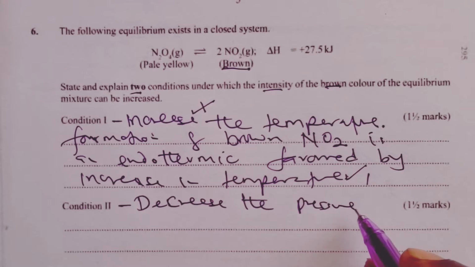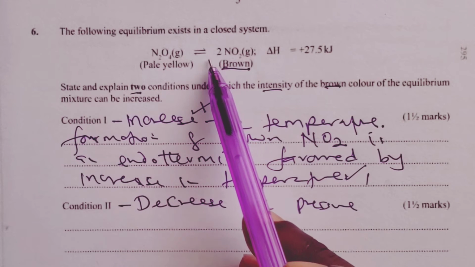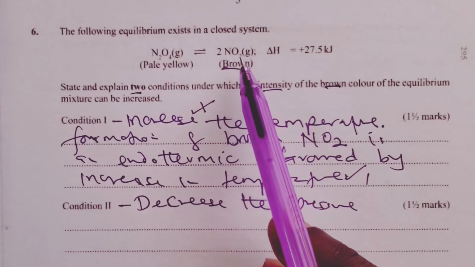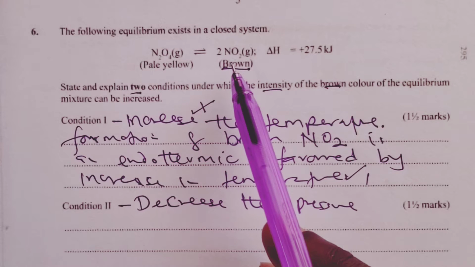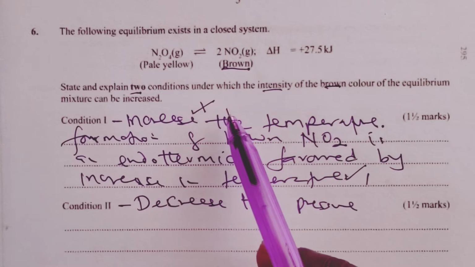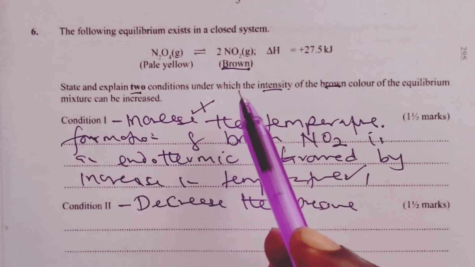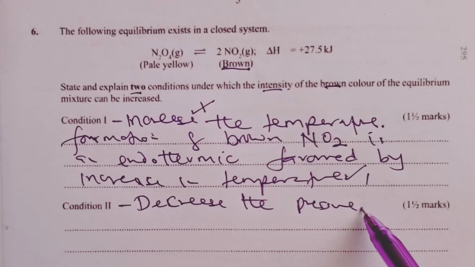By decreasing the pressure, the equilibrium would shift to the side with more gas molecules, which in this case is the right hand side. And that is where we have brown nitrogen dioxide.